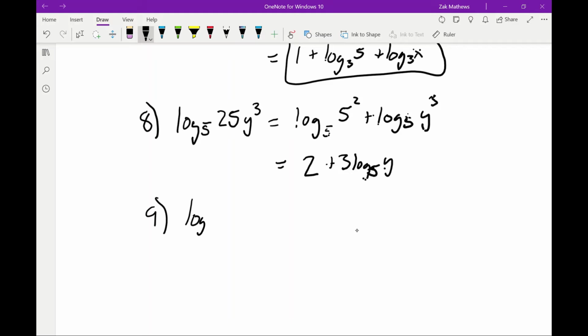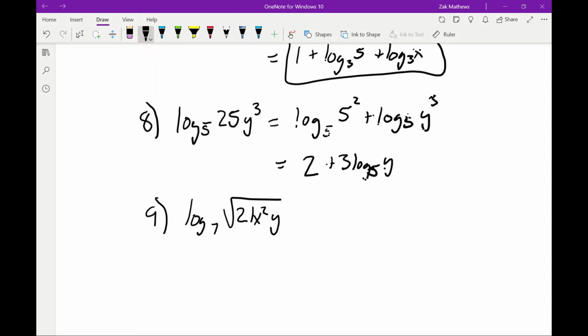Let's take log base 7 of the square root of 21x squared y. Alright, so we have the square root on this one. That's a little different. We haven't worked with the square root before, but remember, square roots are just fractional exponents.